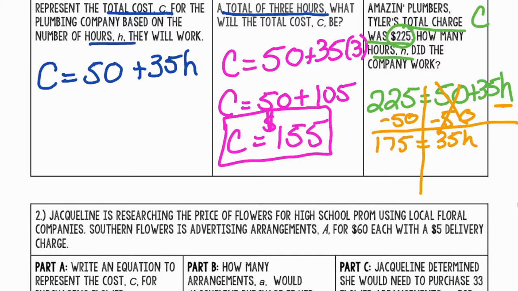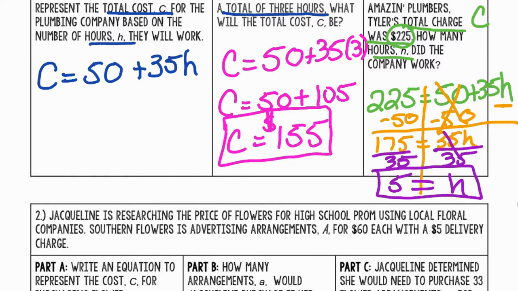Well, 35 is multiplied times H, so we need to do the opposite. We need to divide by 35 on both sides. So H, the number of hours they worked, is equal to 175 divided by 35. You can use your calculator for that. It should be 5 hours. So they worked a total of 5 hours.